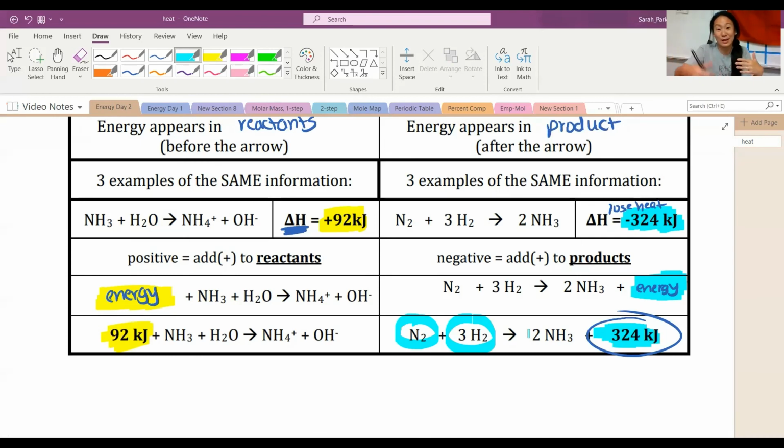It's just another word for and. So the location of the number is what's actually more important than anything. Is it before or is it after the arrow? If it's before the arrow, you know you need that energy in order for it to go. When it's after the arrow, you are throwing that energy away because you don't need it anymore. All right, and that's it.